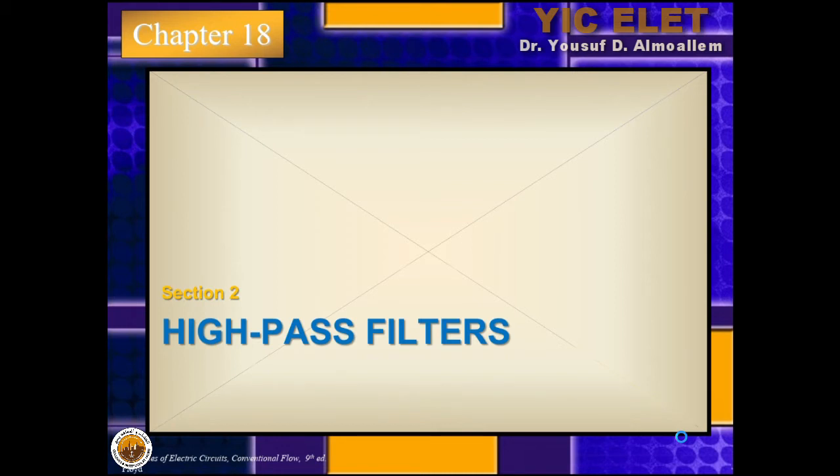The filters that we're talking about are very basic and simple circuits, which are combined of inductors and capacitors, L's and C's, with the resistors, of course. So these are first order filters, and as we know, capacitors and inductors oppose each other.